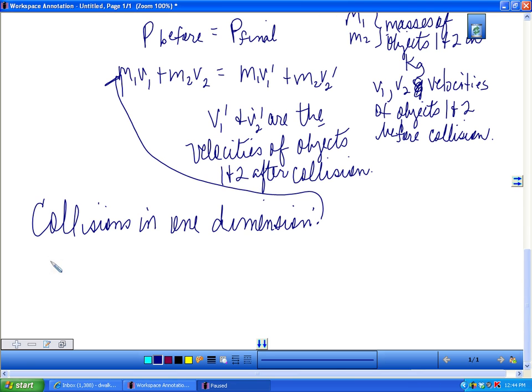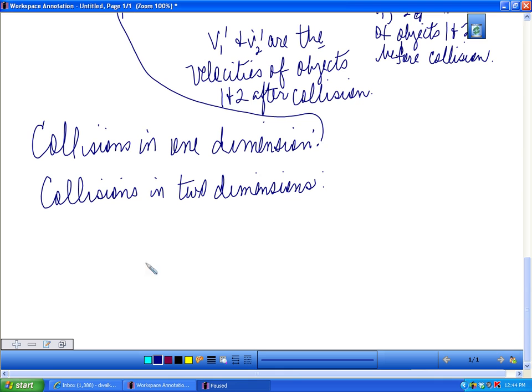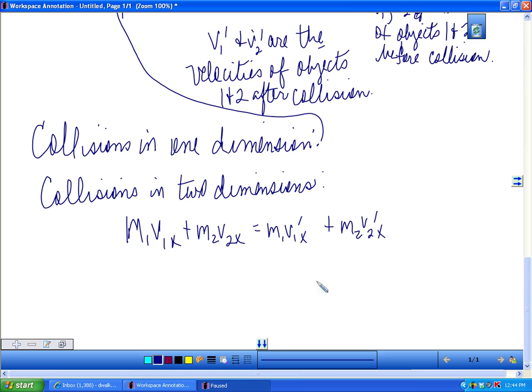Okay? If, however, we deal with collisions in 2 dimensions, which of course on the AP they will do that, you must separate it into motion along the x-axis and then motion along the y-axis. So you'll have M1 V1 x plus M2 V2 x equals M1 V1 prime x plus M2 V2 prime x. And then they'll give you something going on the y-axis.